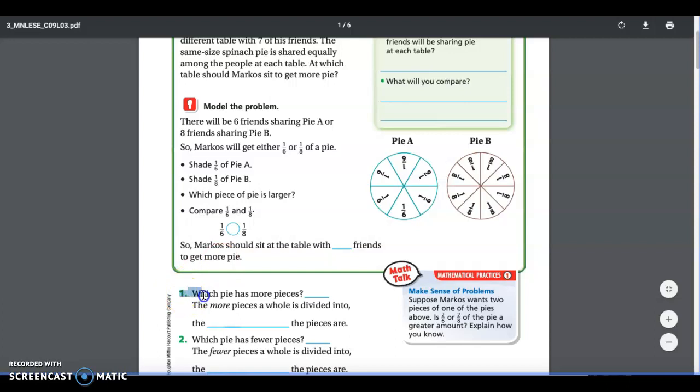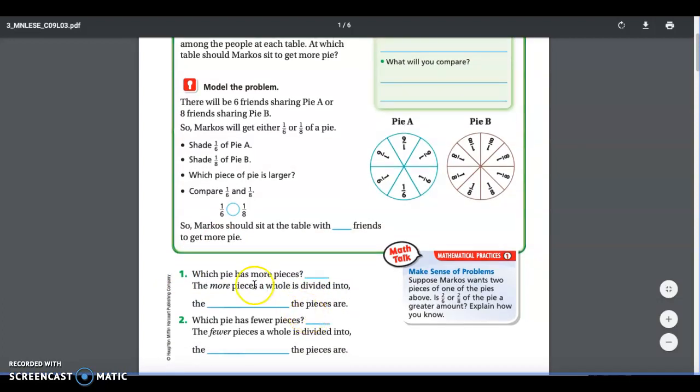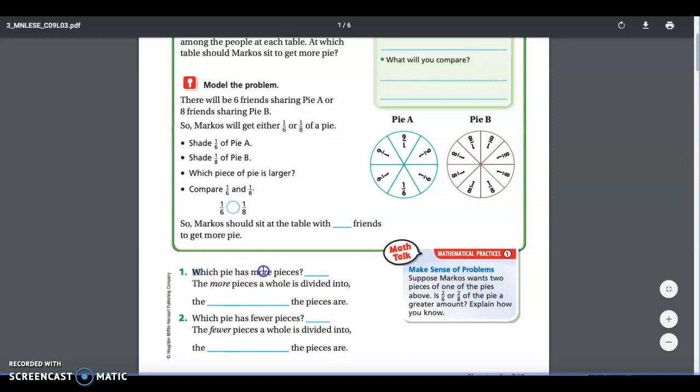I'm answering number 1. And 2. I just said which pie has more pieces. Well, pie B has more, but the more pieces a whole is divided into, the smaller the pieces are. Just because this has more doesn't mean that they're bigger slices. They're actually smaller.